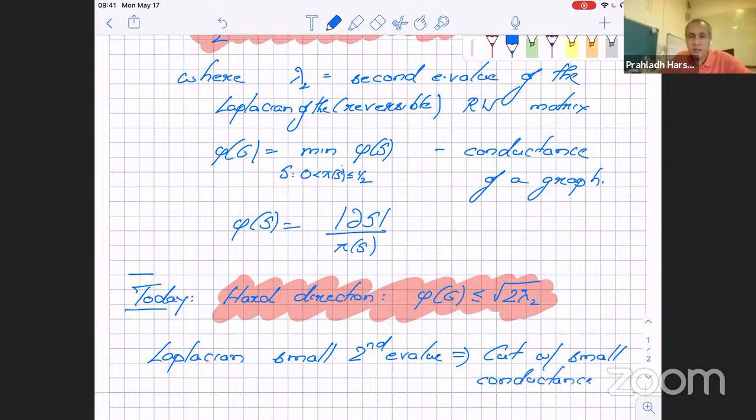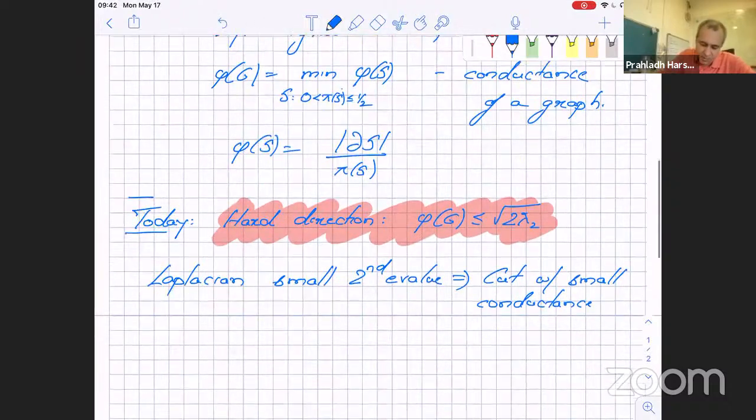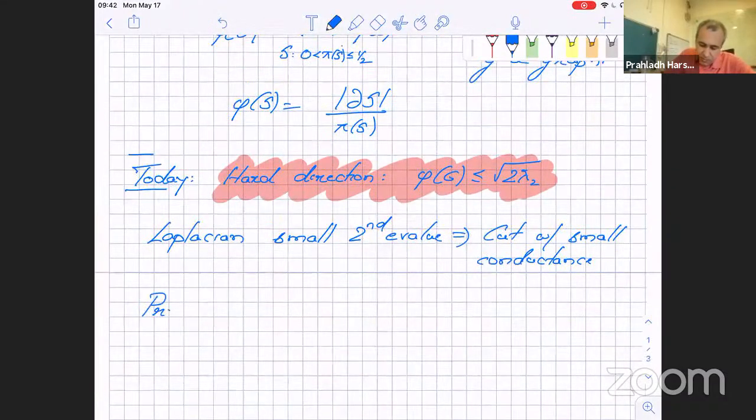And as we mentioned last time, we'll actually give a constructive proof of the statement.